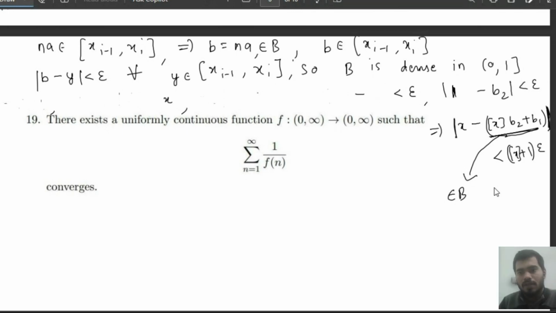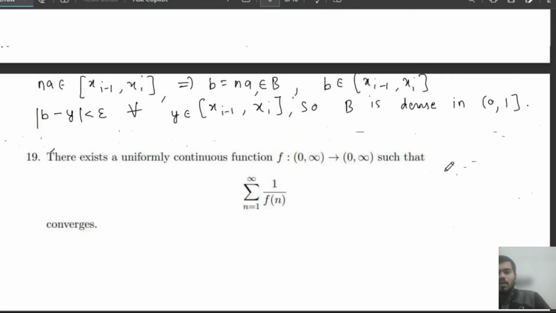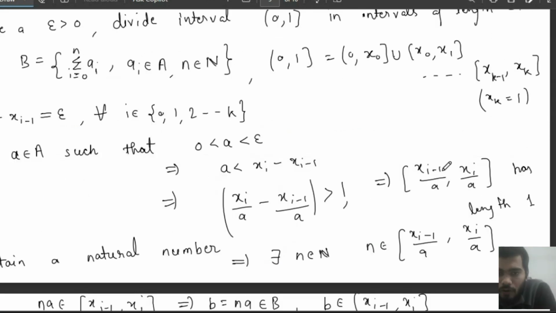Let me erase this and I will explain this part again. Till now what we did actually, we subdivided this 0, 1 into intervals of epsilon length.